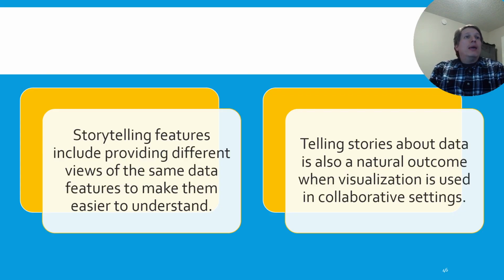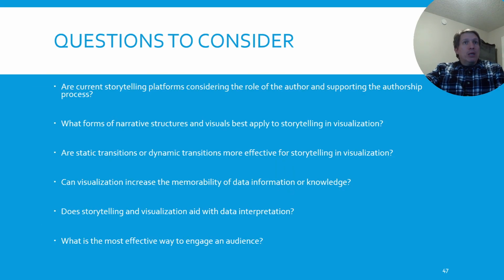We want to be using better representations that we explored before, and we are going to be reinforcing. And you want to provide different views of the same data to make them easy to understand, no? And tell stories about the data, tell stories about your interpretation, tell stories about what you are getting out of the data. And that's a natural outcome when you use, for example, visualization in collaborative settings.